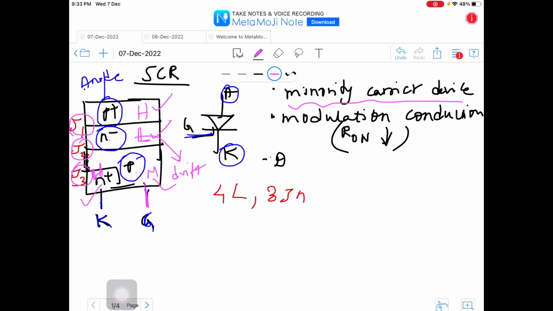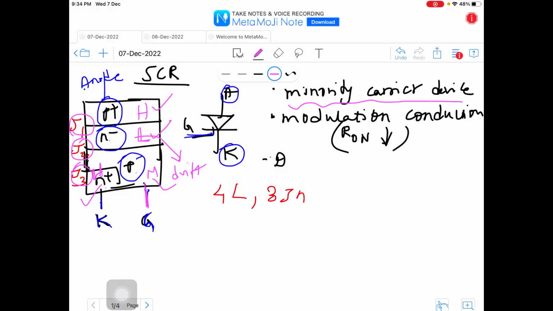That's why it is called a minority carrier device. In a majority carrier device, it is either only holes or only electrons which are the carriers. So if it is a combination of holes and electrons, it becomes a minority carrier device.